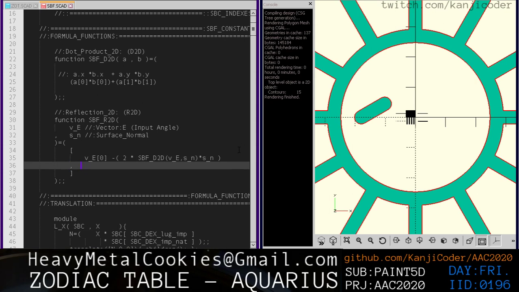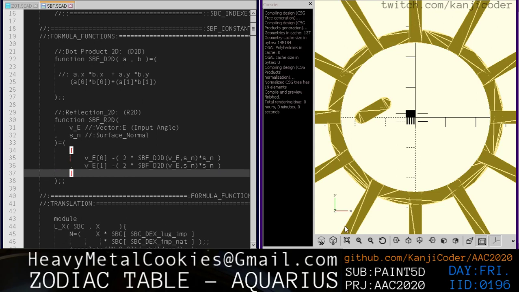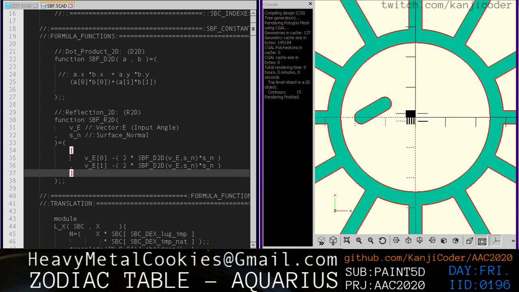And we have to recalculate some stuff because of the functional nature of the language. So VE1, right? Because we see that in the formula we take a vector and we minus this stuff here, right? So we got to go 2 times SBF dot product 2D vector E surface normal, and then times the surface normal, right? So that's what we think the output of this is. So let's go F4, make sure we haven't introduced any syntax mistakes, and then let's try that out.